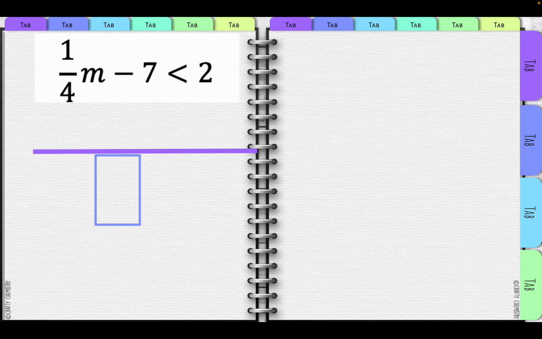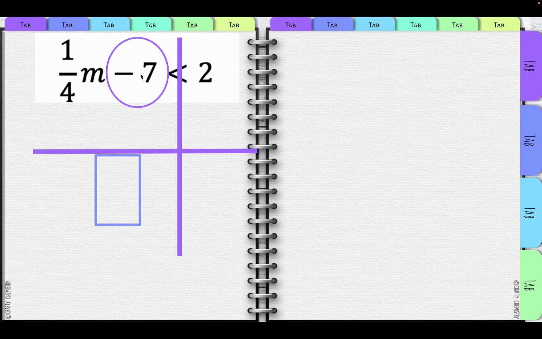So this is actually the second example. Just like we would normally do, we have to first undo our constant. We put a line through our symbol, just like we would the equal sign. This -7 is my constant. It's the number that's being added or subtracted to the letter.